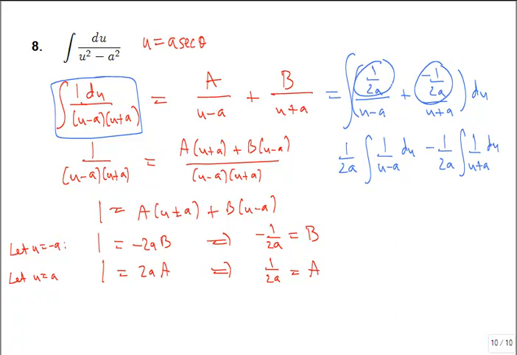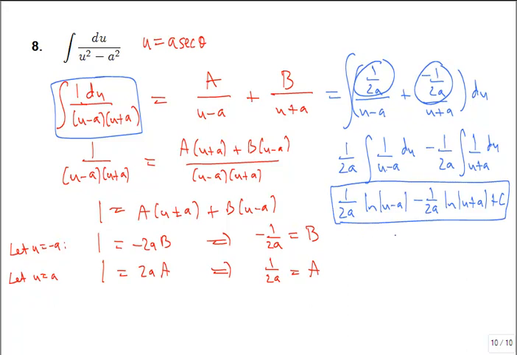So I broke it up and pulled these out front of their respective integrals. And then this is stuff prime over stuff, because the derivative of u is just 1. So both of these are ln's. So this is 1 over 2a ln of absolute value u minus a, minus 1 over 2a ln of absolute value u plus a, plus C. You can stop here if you want.